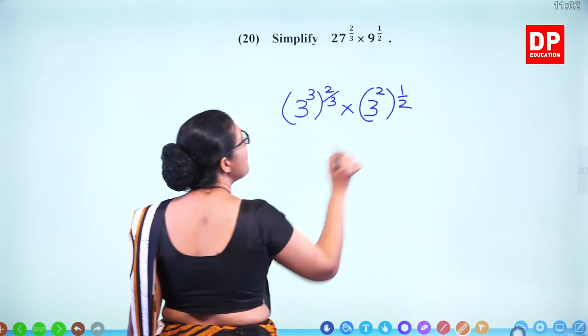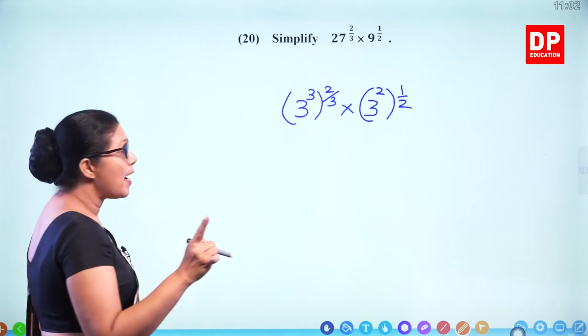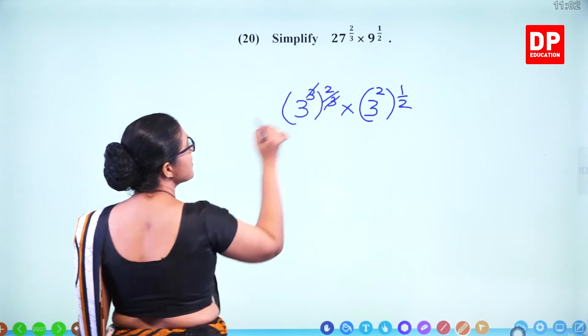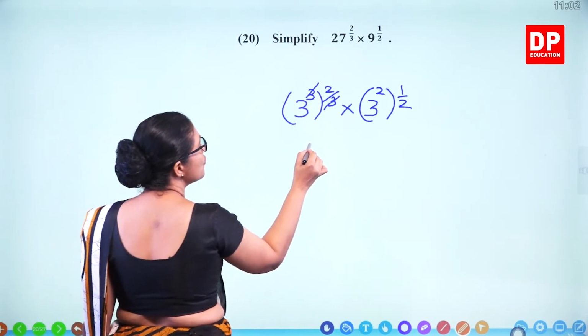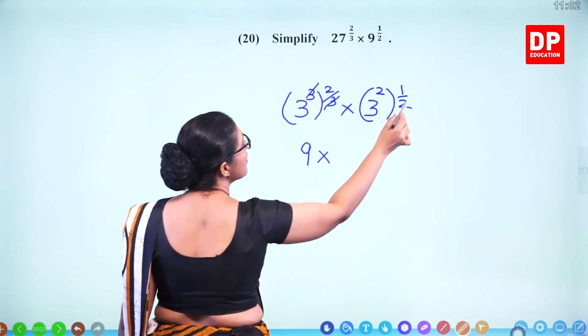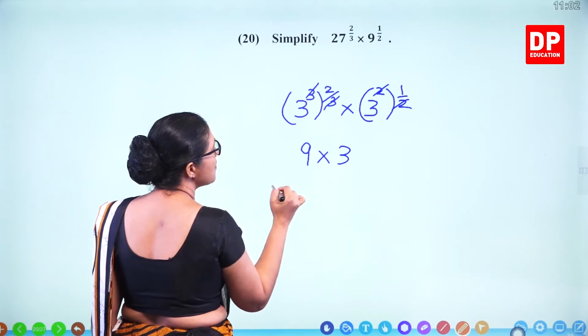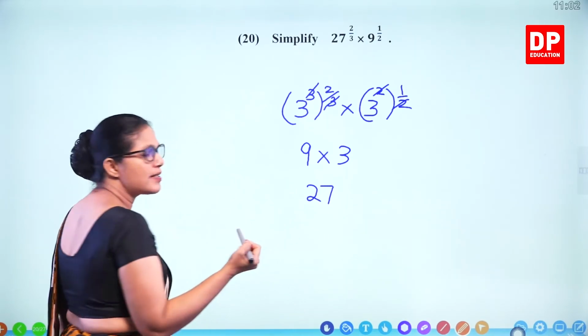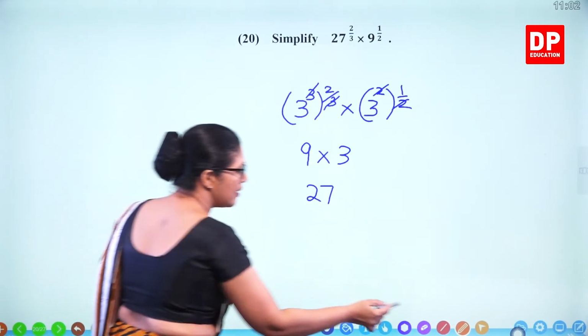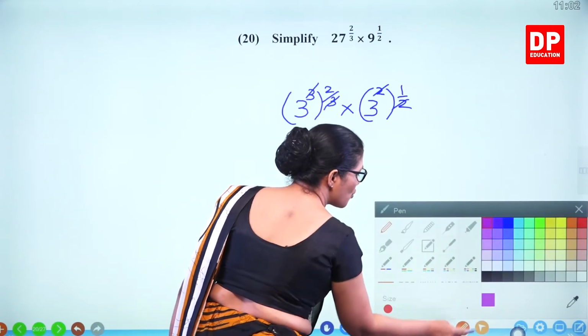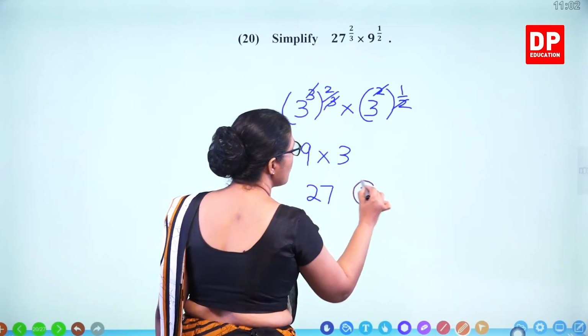Now simplify. Brackets means you can multiply. 3 gets cancelled out. 3 squared, 3 into 3, 9. 2 and 2 get cancelled out. You get 3. So 9 times 3, 27. So you can write 27 there. So 2 marks for that question.